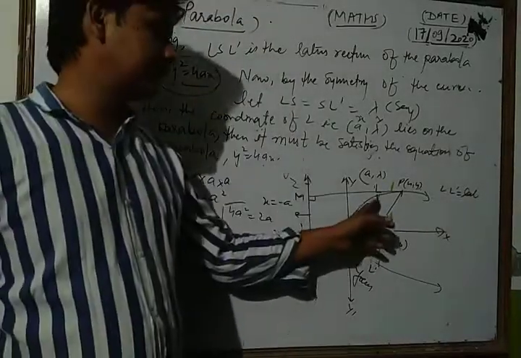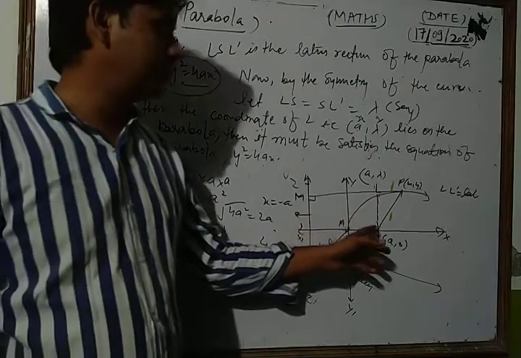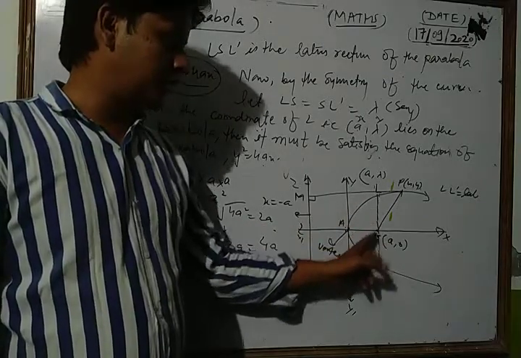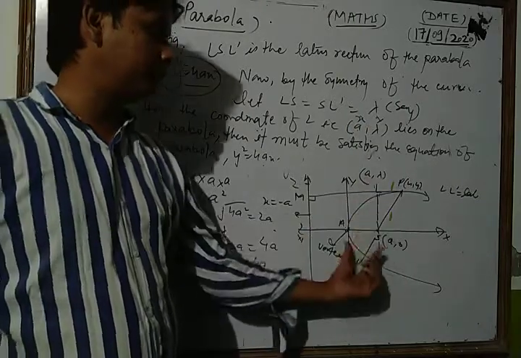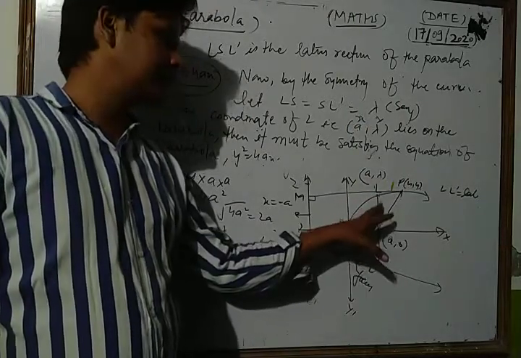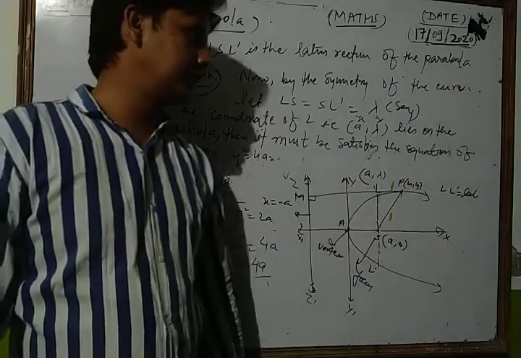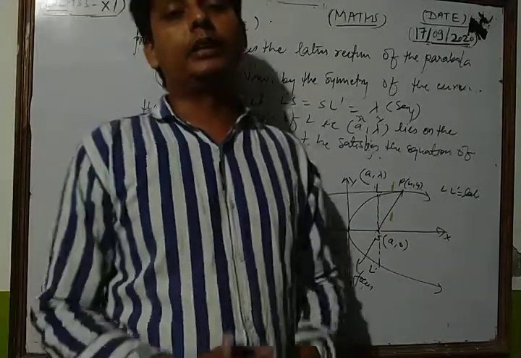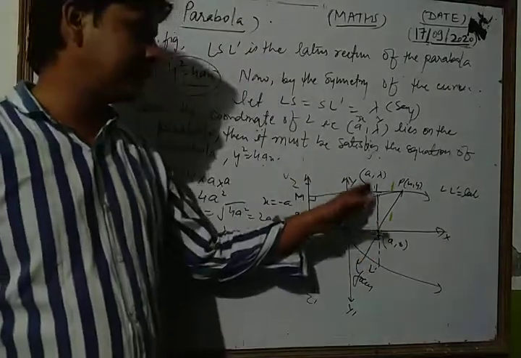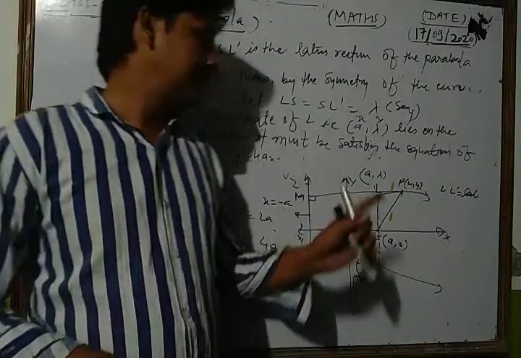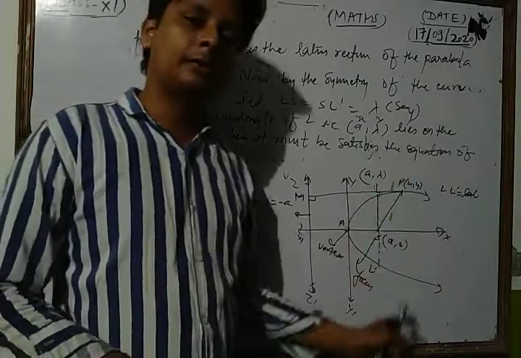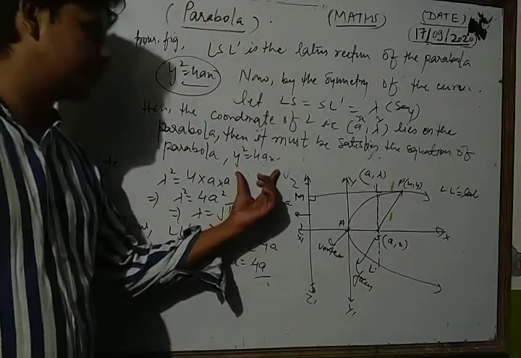Now by the symmetry of the curve, SL is equal to SL dash, we take as lambda. Then the coordinate of L becomes a lambda, because this distance is a and this is lambda. Since from the figure it is clear that the point L, that is a lambda, lies on the parabola, it must satisfy the equation of the parabola.